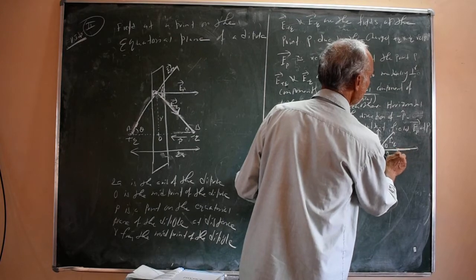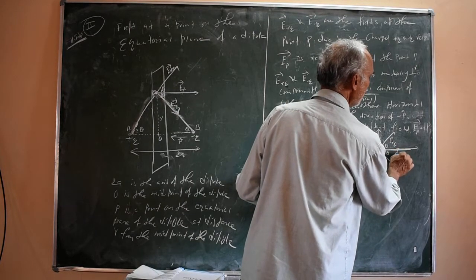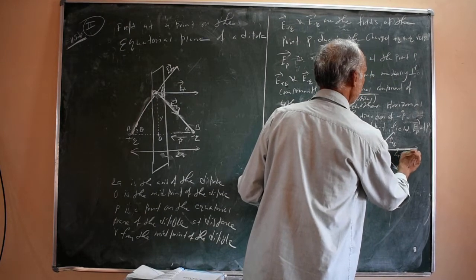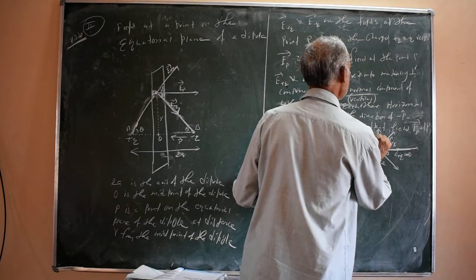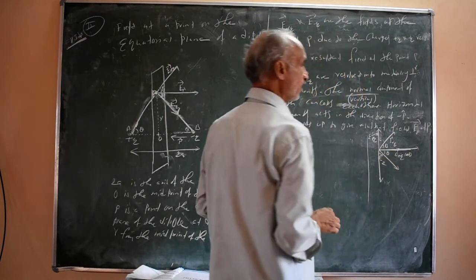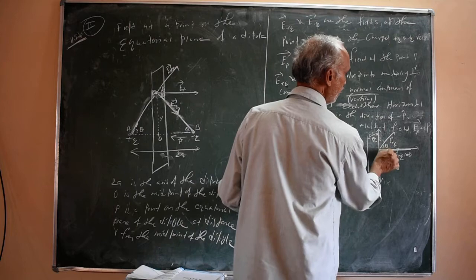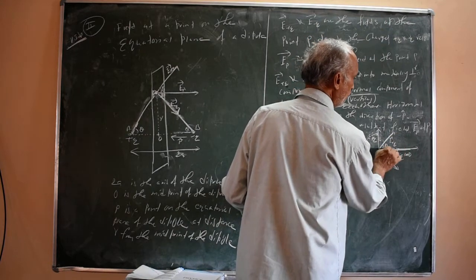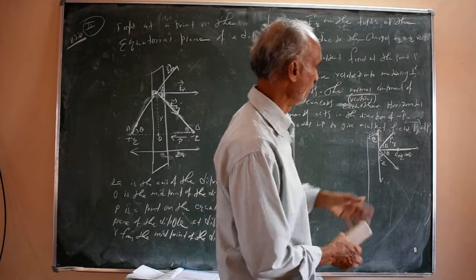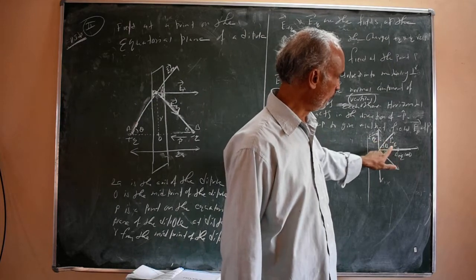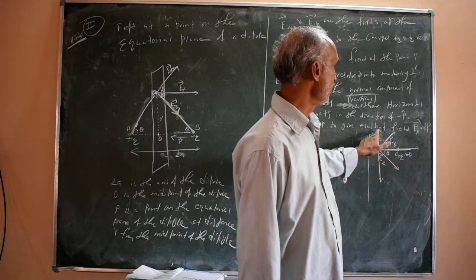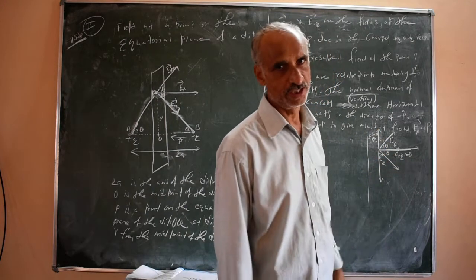Horizontal component acts like this, horizontally, E plus Q cos theta. Vertical component is E plus Q sin theta. And this one is E minus Q. This is the resolution of E plus Q. E plus Q is resolved horizontally, E plus Q cos theta, and vertically, E plus Q sin theta.